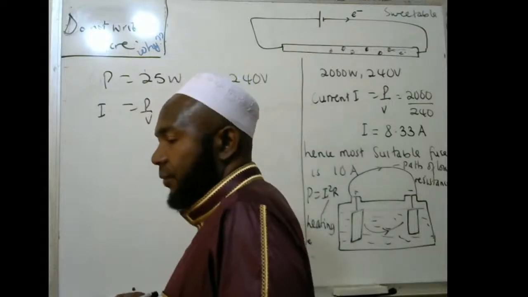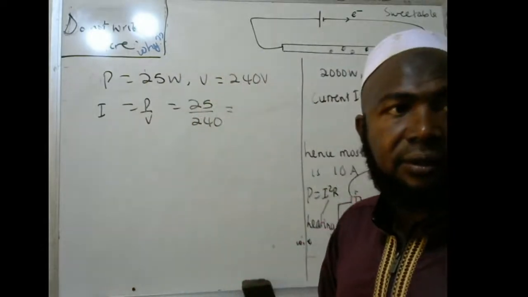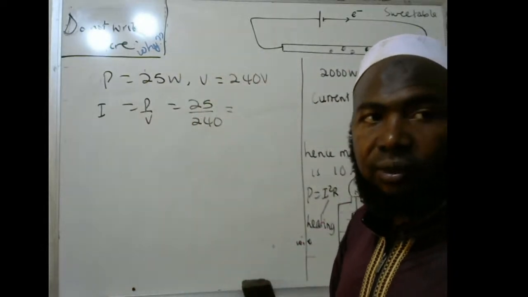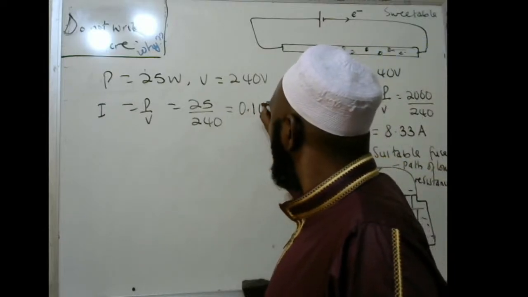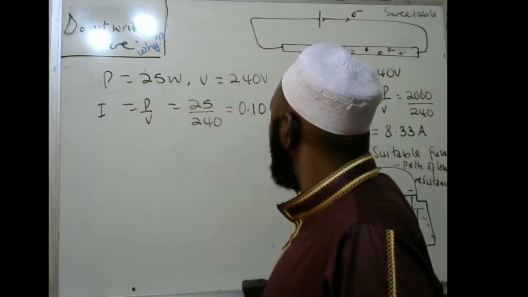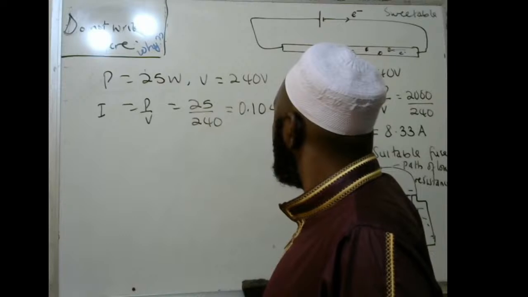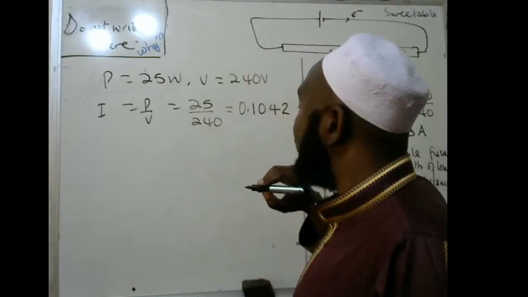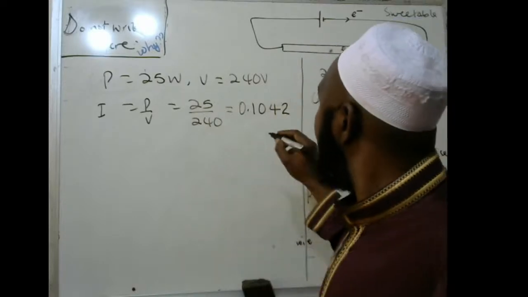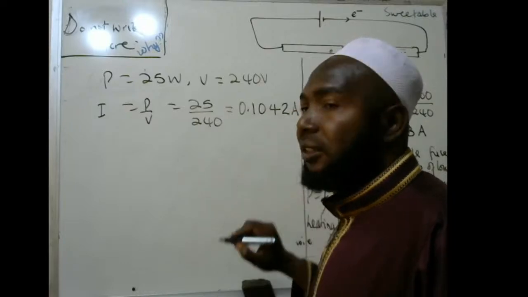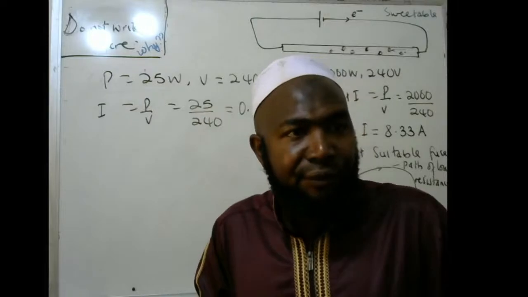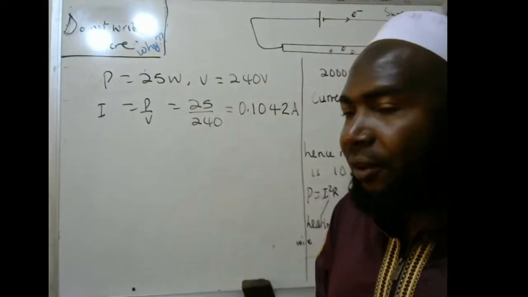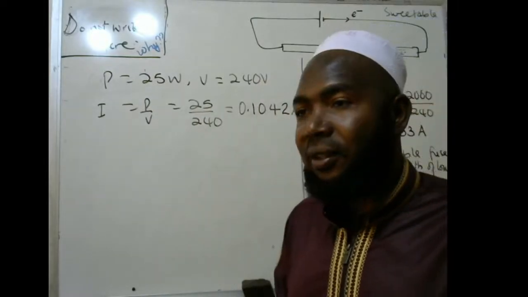What answer do you get? 0.1041, 0.1041666, you call it 0.104 amperes. So according to the fuses that we are given, 3 ampere fuse, 5 ampere fuse, and 10 ampere fuse, which one is most suitable?